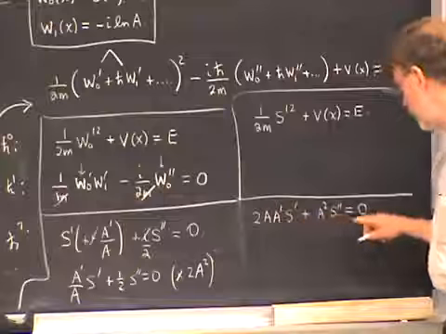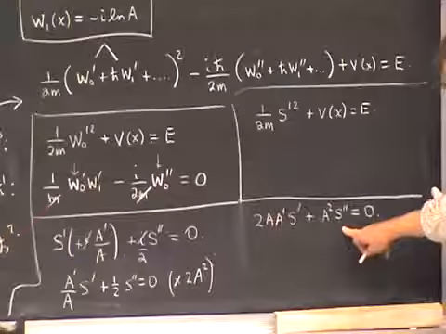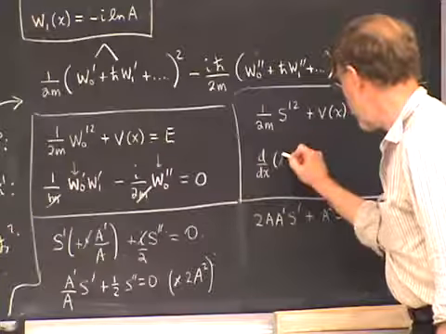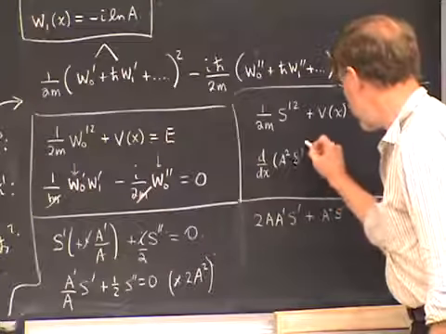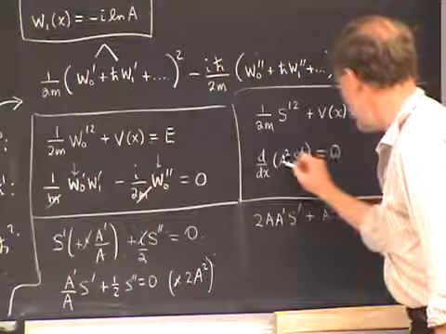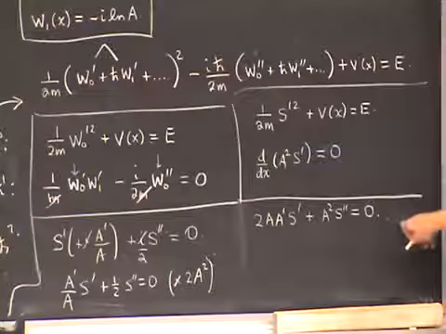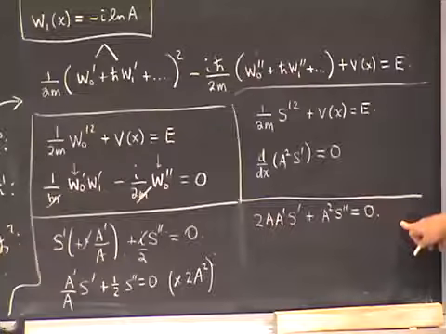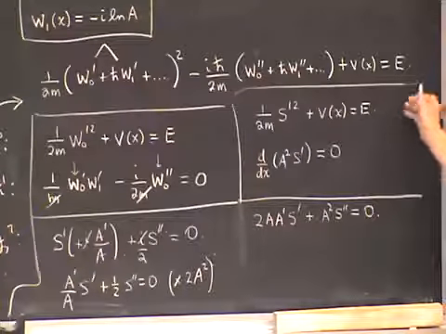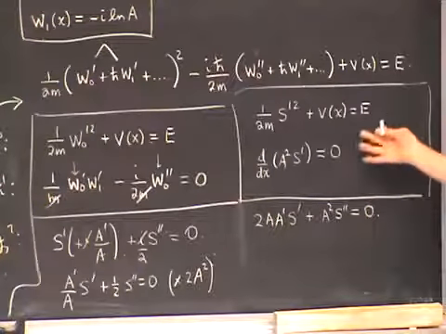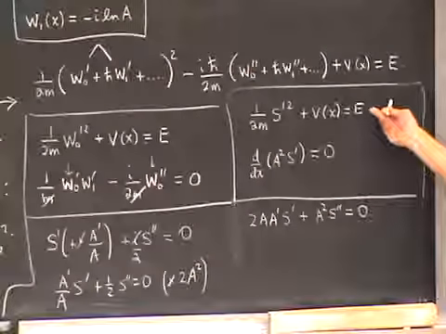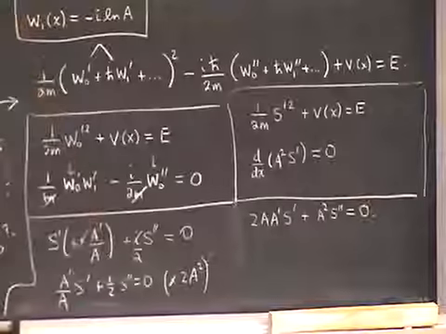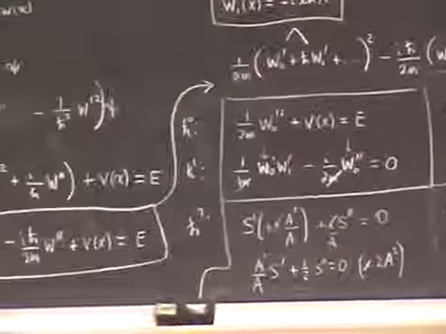This, in turn, is an exact derivative on the left-hand side. In fact, it can be written as d dx of the quantity a squared times s prime equals 0. And that's the most convenient way of writing the first-order equation after we've converted back into these s and a variables. So over here in this box, then, is the version of the equations that I want with the function s and the function a, which are the two functions, the amplitude and the phase, which occur in the WKB ansatz.